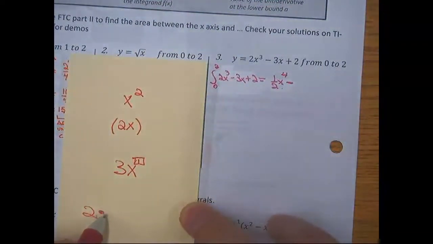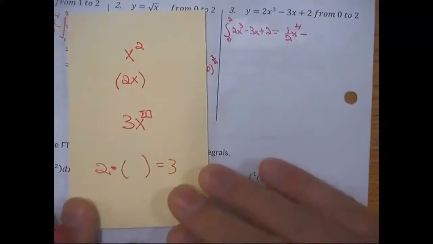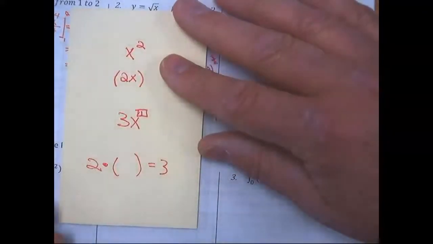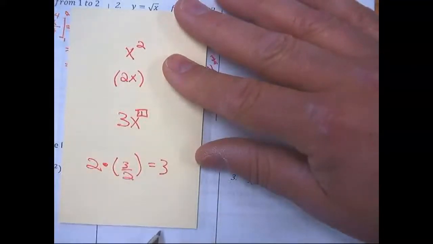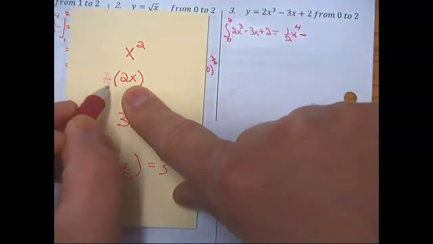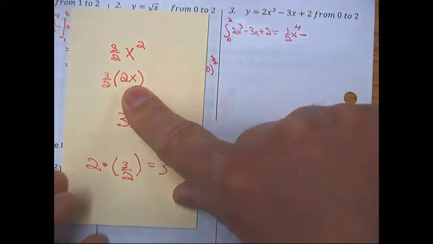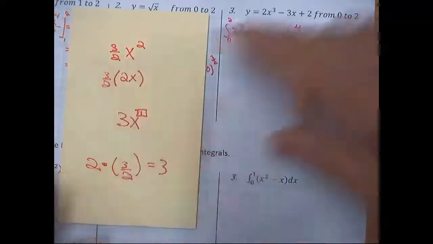What are you going to multiply 2 by to turn it into a 3? 1.5, so that'll be a 3/2. Right. So this would have to get multiplied by 3 over 2. So that's your antiderivative.